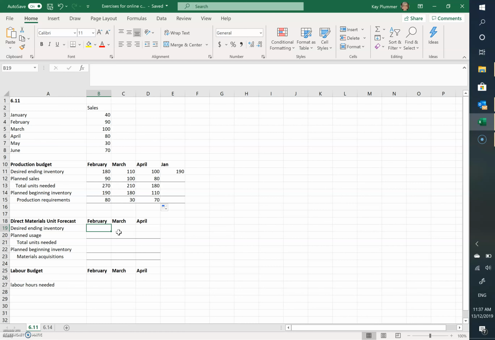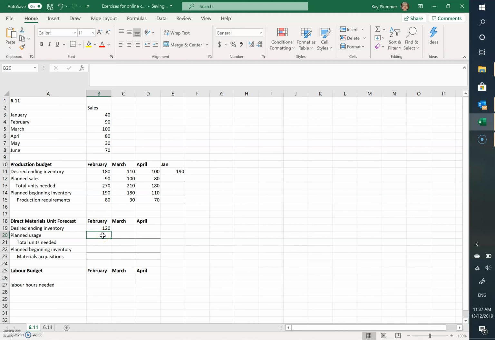So the current month's usage is 3 times 80 divided by a half. So that gives us 120.